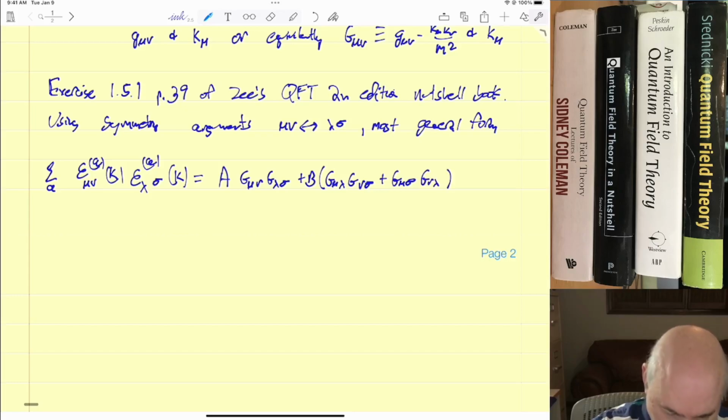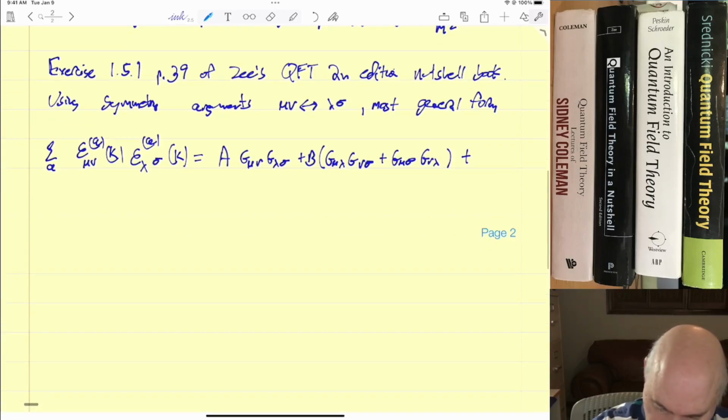And if you study these for a while, you'll become convinced that these are the only possibilities. So that's two terms. The third term with a coefficient of c.